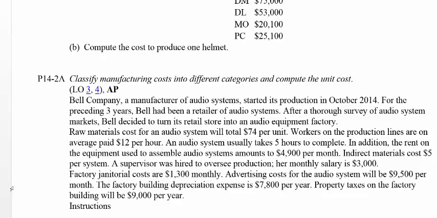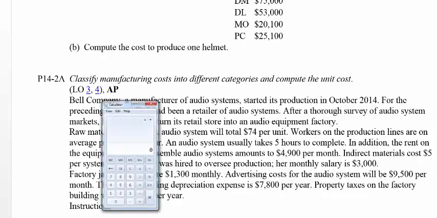Raw materials cost for an audio system will be $74 per unit. Alright, so the first thing right here we see is raw materials, $74 per unit. Therefore, you guys need to start yourself a list where you plot these numbers out.